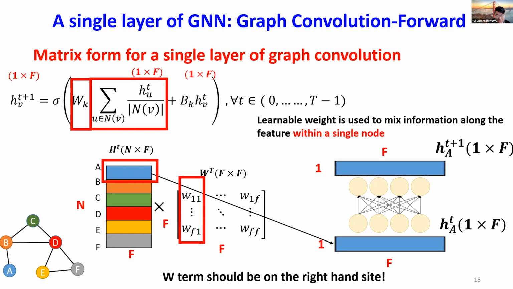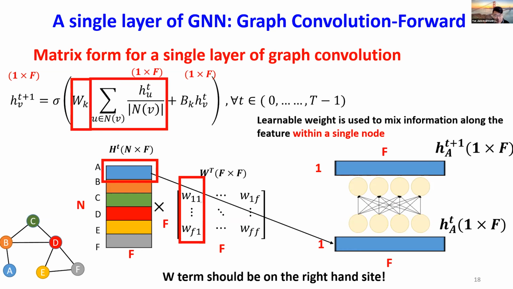And after this multiplication, we apply a learnable weight. So this operation is exactly the same as a single layer of MLP. So this MLP is mixing the features. What features is it mixing? It's mixing the features within the same nodes.